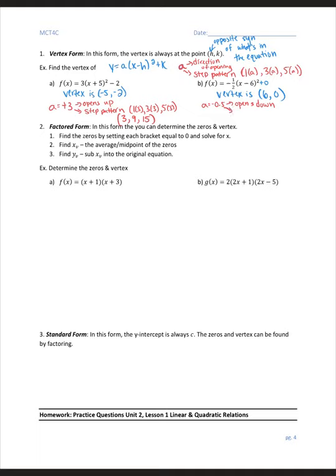And if we want to identify our step pattern, so those steps we take from the vertex to graph other points, we are going to take our a and multiply it by 1, 3, 5. So we have 1 times a negative 0.5.